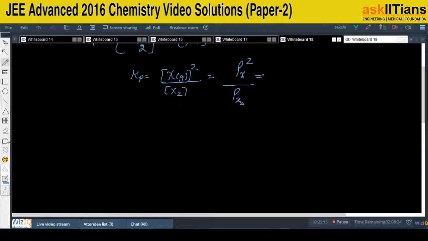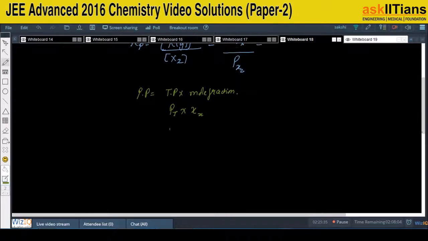Now we know what partial pressure is for a system: partial pressure is nothing but total pressure multiplied by mole fraction. So let's assume the total pressure is Pt, and the mole fraction of X is X of X. The partial pressure of X will be Pt into X of X, and the partial pressure of X2 will be Pt into X of X2.